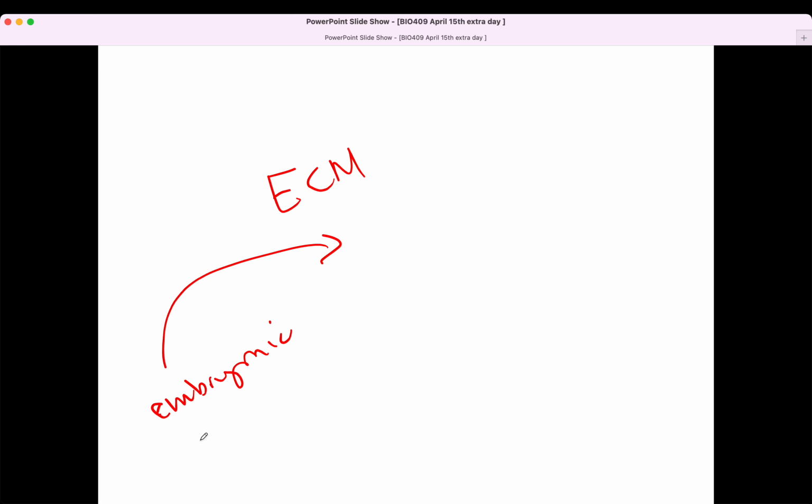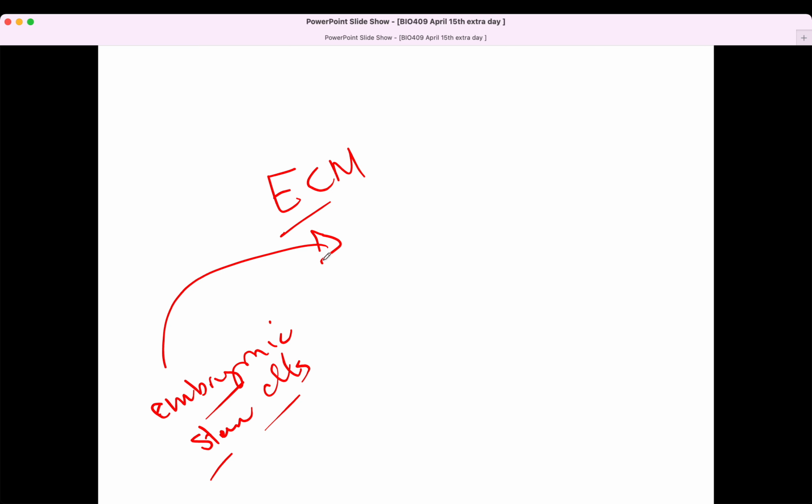So the next thing is that scientists realize that what we need to get these stem cells to really form the tissues that we want to form, we could use the extracellular matrix. So it's a question of getting some stem cells and the extracellular matrix.